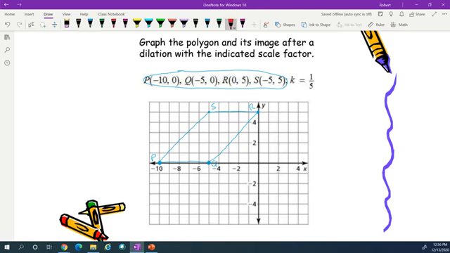Our scale factor is 1/5. We're going to multiply every number by 1/5. So P prime, negative 10 times 1/5 is negative 2, and 0 times 1/5 is 0.